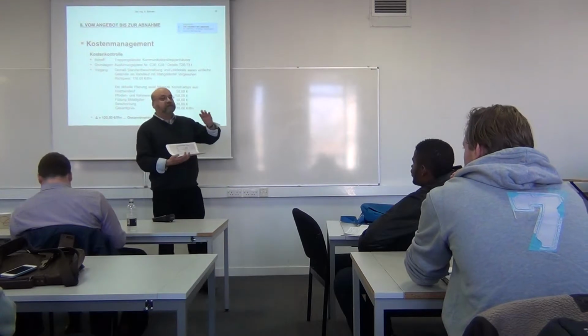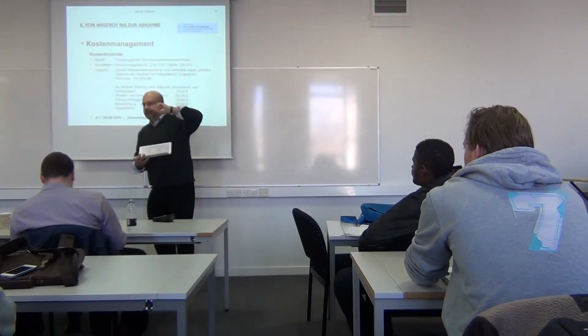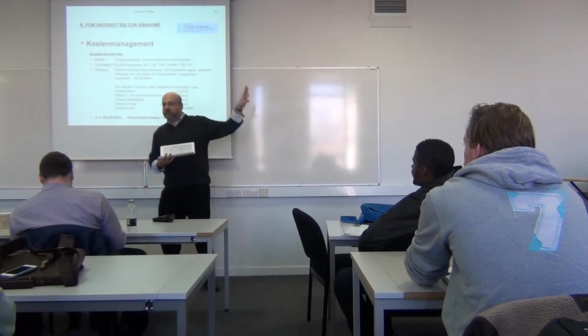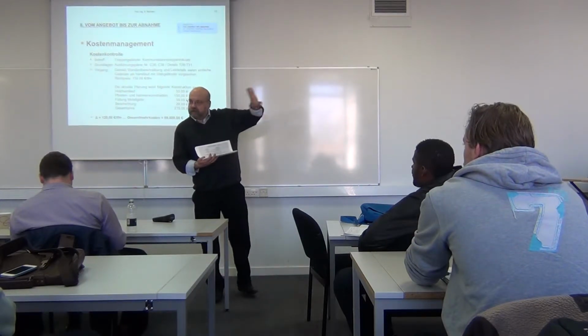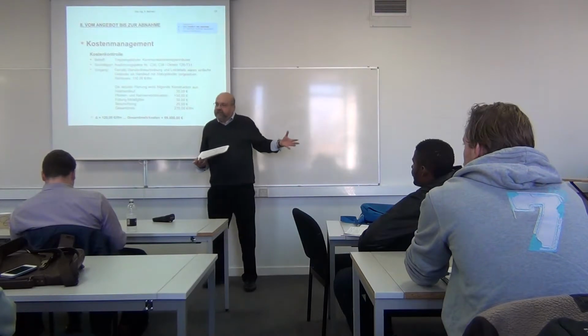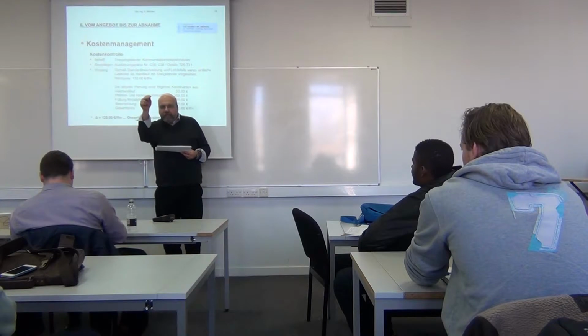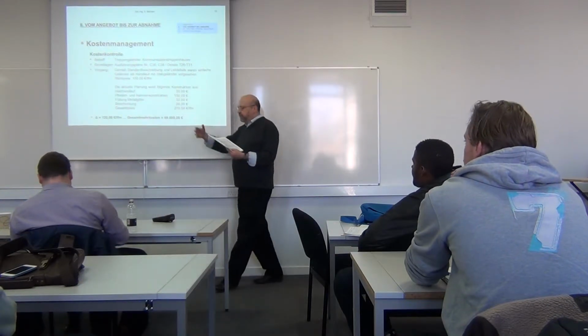Ideally, it is what you are going to spend, not what you have already spent, because if you have already spent, you have no chance to change anything. But if you anticipate, okay, this would be a problem, then you can react before it happens. So this would be an example of this.